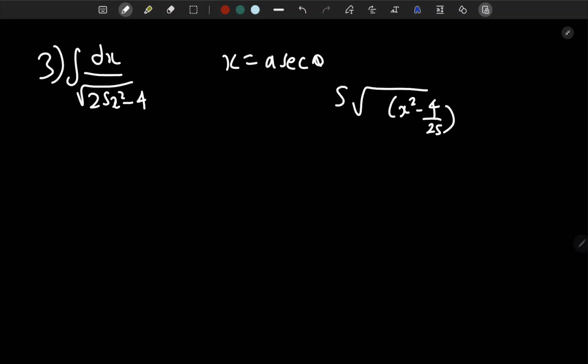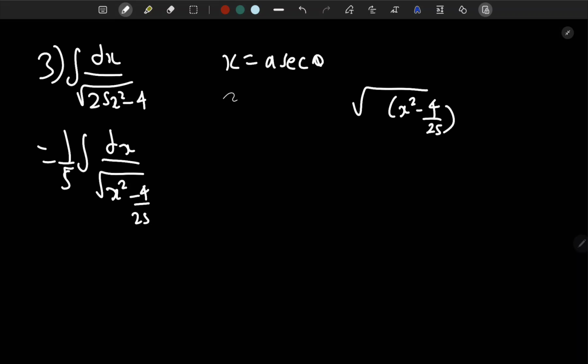So 5 is going to be here, and remember this is the denominator, so it's going to be 1 over 5, and we can take that outside. So now let's simplify it. It will be equal to 1 over 5 integral of dx over, now the new square root is x squared minus 4 over 25.